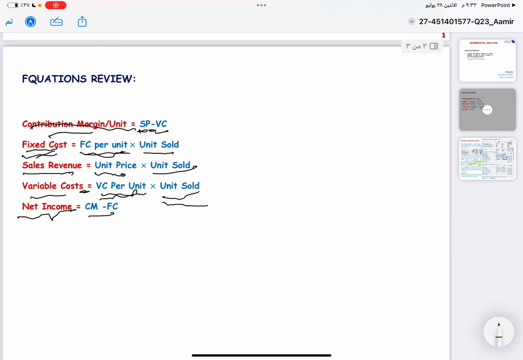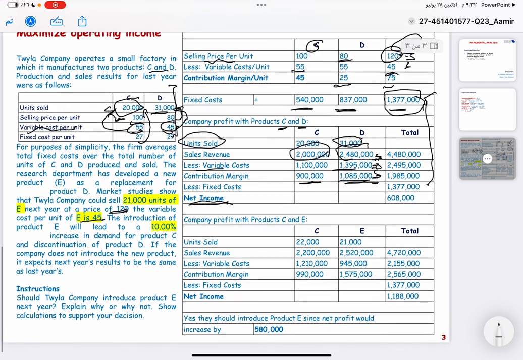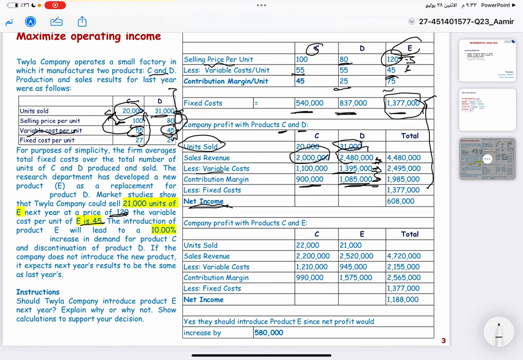As we said before, contribution margin minus fixed cost. Okay, the net income for C and D equals 608,000.